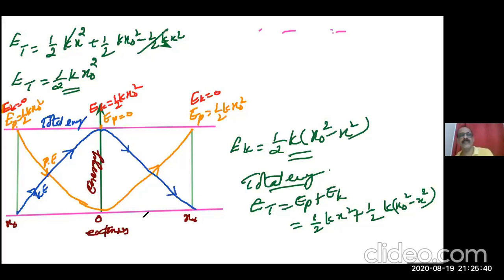So where is the total energy? On the top, this upper violet line. The orange line is potential energy. But in examination, don't write orange line at all, okay? In the examination, you should mark it in the diagram. This black line is total energy.